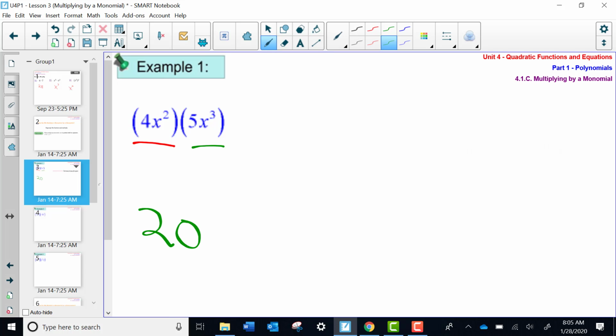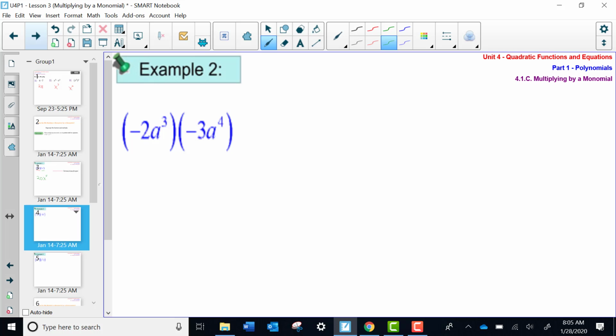So you multiply the coefficients. And then we already saw in the do now, when we multiply the variables, if the bases are the same, we add the exponents, which would give us x to the fifth power. So the product of these two monomials is 20x to the fifth power. Any questions on this first example? All right.